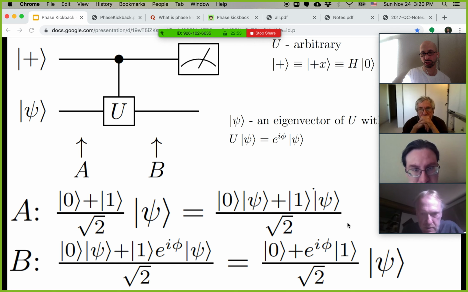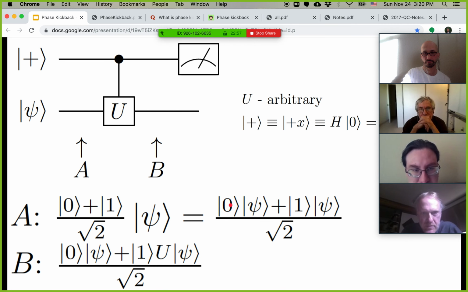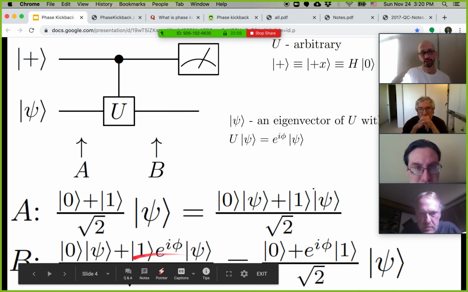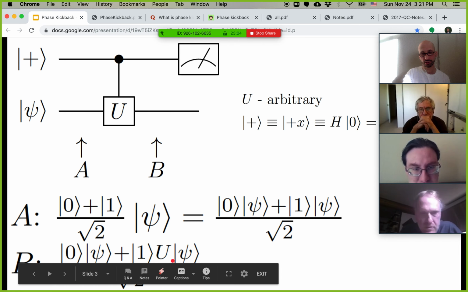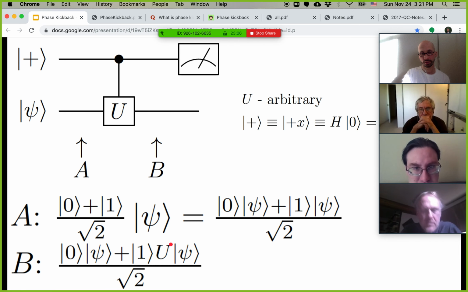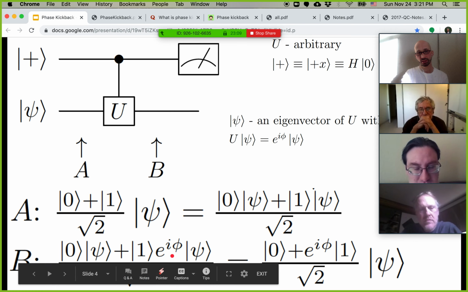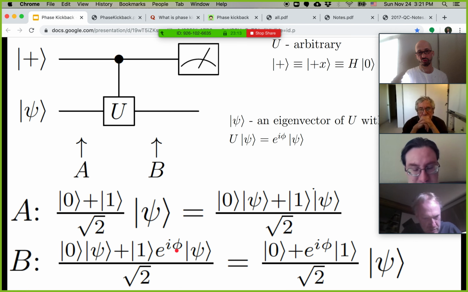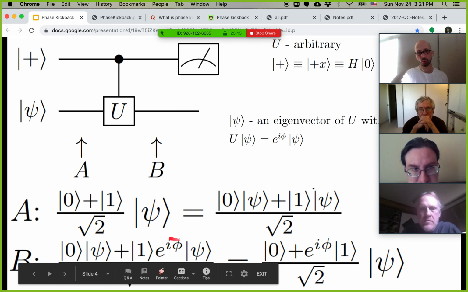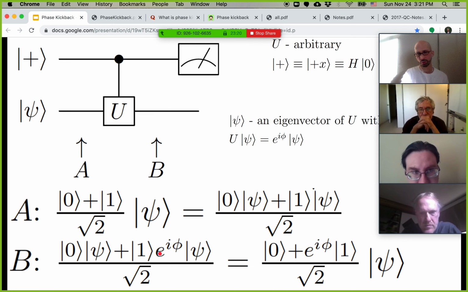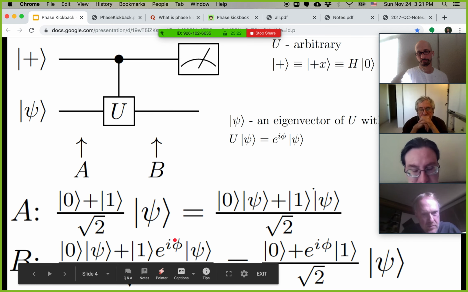This is just from the previous slide. And at point of time B, on the previous slide, we had operator U here. And because psi is an eigenvector of U, we replace U with this number. So that's the only change so far.